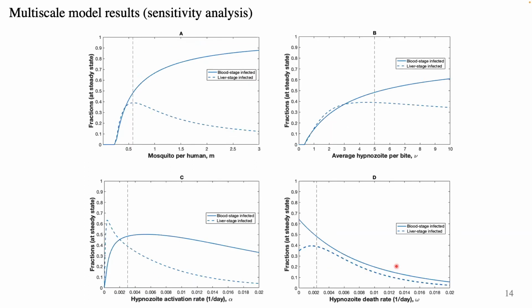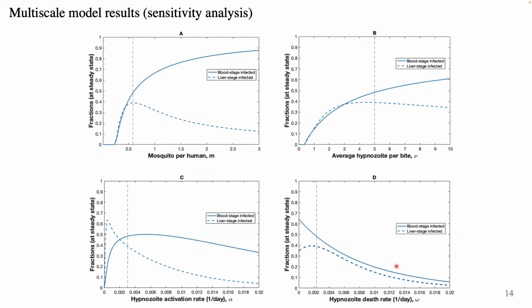We also run a sensitivity analysis over different key parameters: the number of mosquitoes, the average number of hypnozoites per mosquito bite, the hypnozoite activation rate, and the hypnozoite death rate.